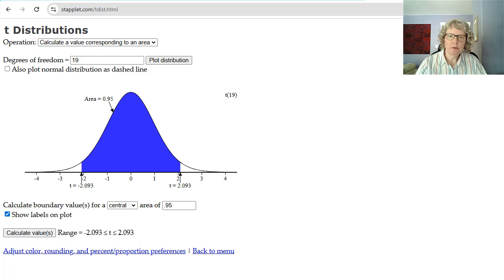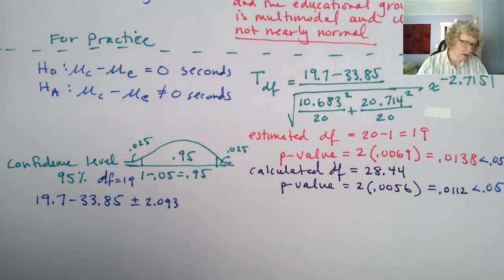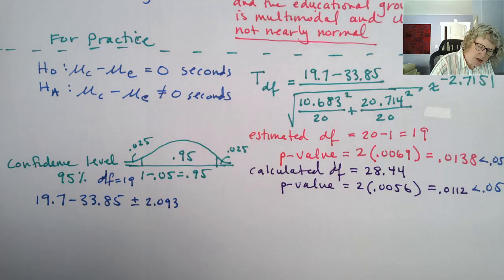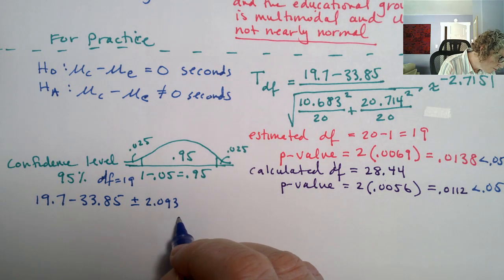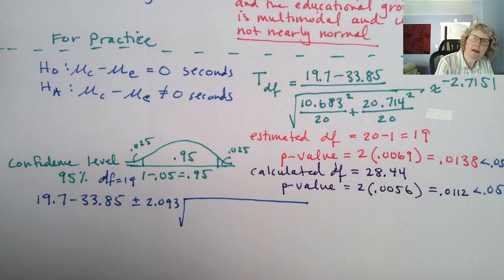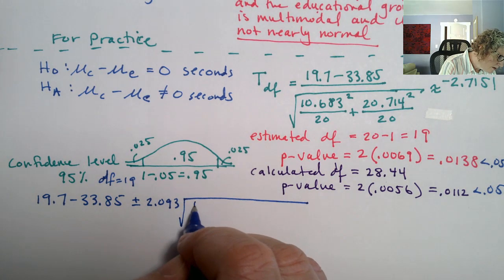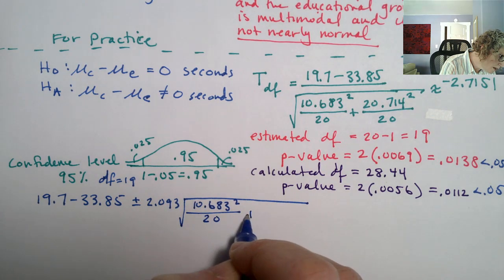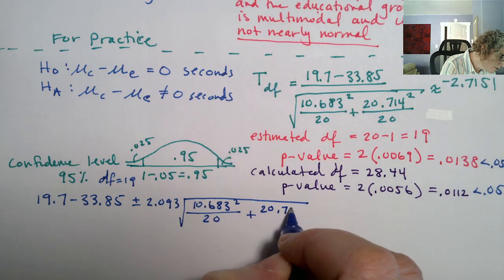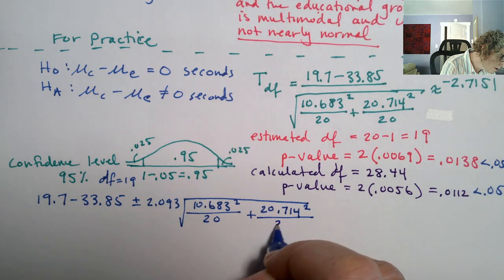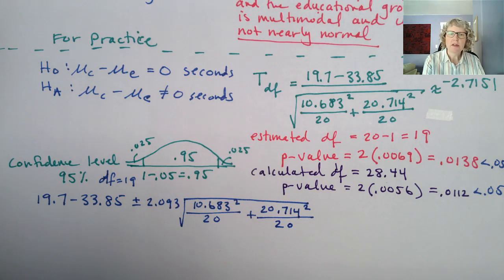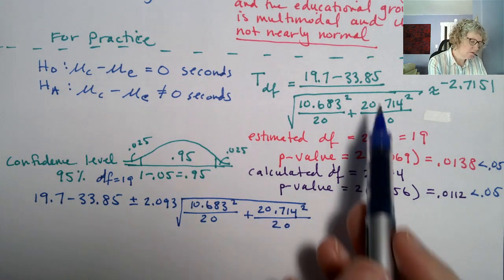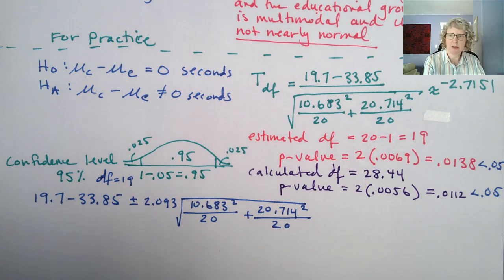Okay, so I wrote that on the notes. 2.093 times this big square root. Same one we had right up above there. So the 10.683 squared over 20 plus 20.714 squared over 20. Another nice thing about Desmos is you could copy from, you've got that in your formula, you could copy that part of Desmos if you wanted to.